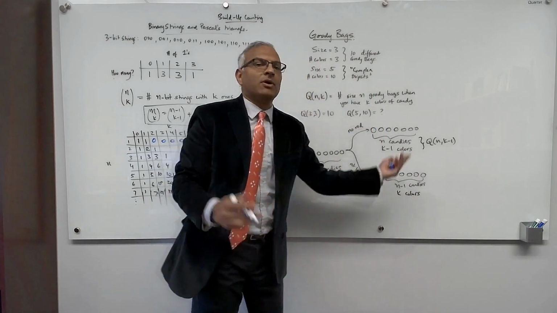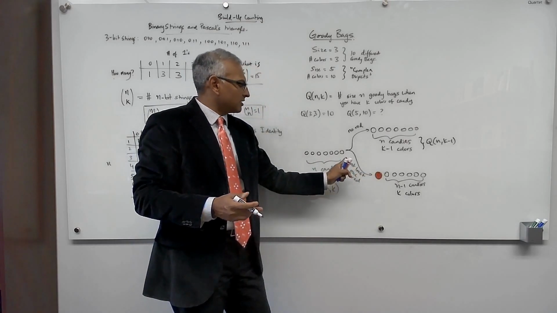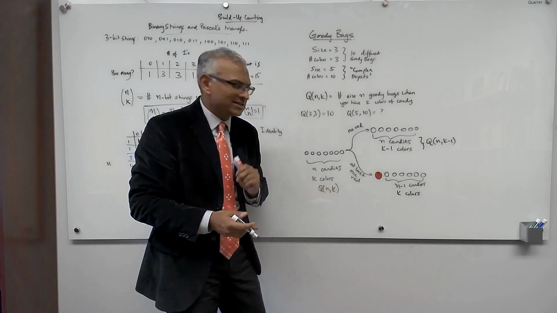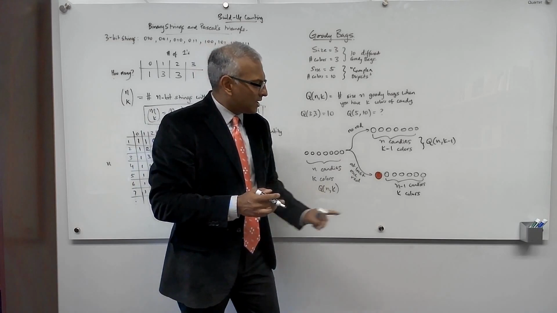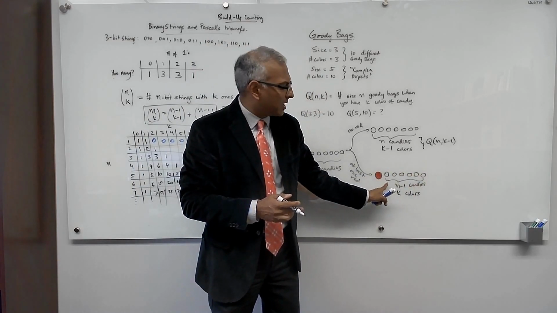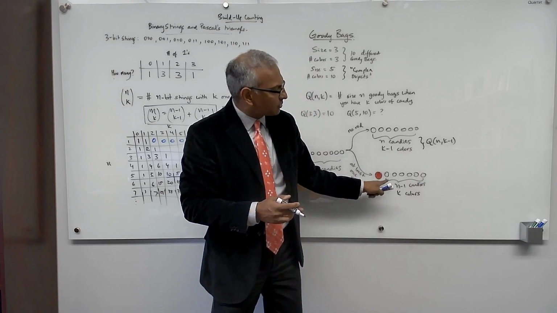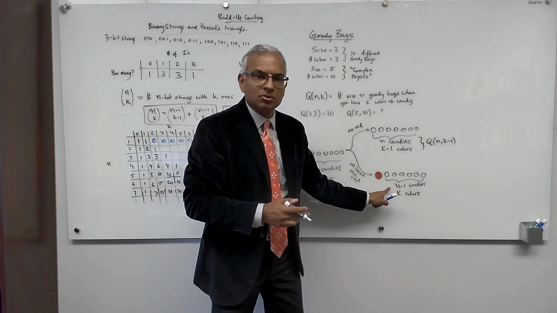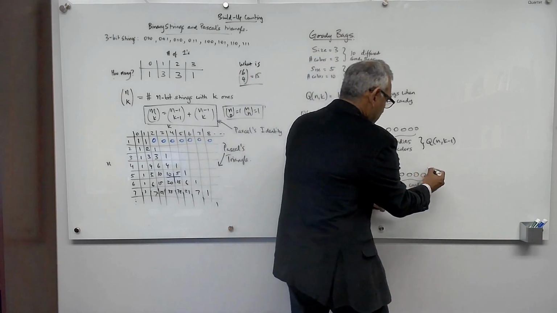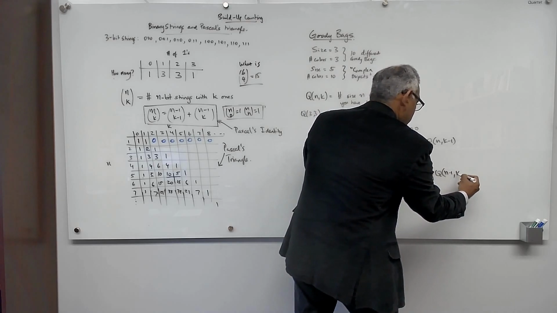You take any one of those and add red, and you get a goodie bag of this type, that fits into my category of n candies with k colors. And so, since I can take any n-1 size goodie bag with k colors and add the red candy, the number of these should be equal to the number of n-1 size goodie bags with k colors. So this is going to be Q of n-1, k.